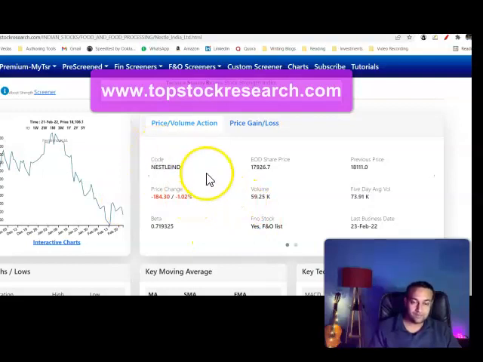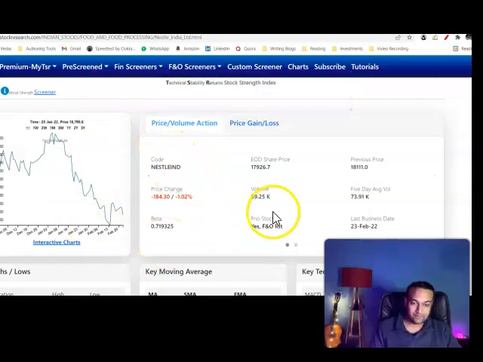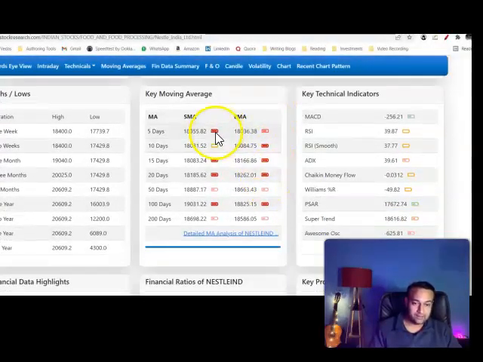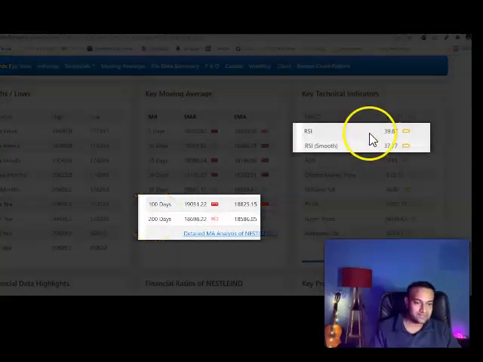So for example, in the case of Nestle that we were discussing, all the metrics are available here. So the end of day share price and the two metrics that we discussed, the 200-day moving average as well as the RSI. So you can now easily compare the current price of the stock, the 200-day moving average and its RSI value, and arrive at a quick decision whether it is the right time to sell or buy a stock.